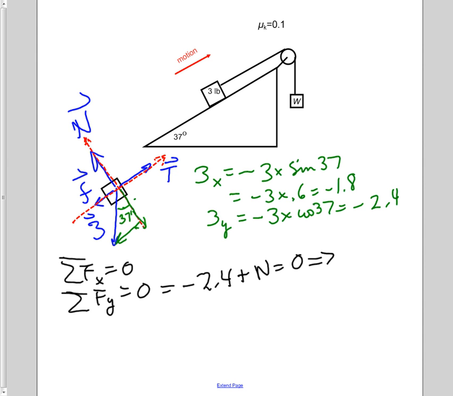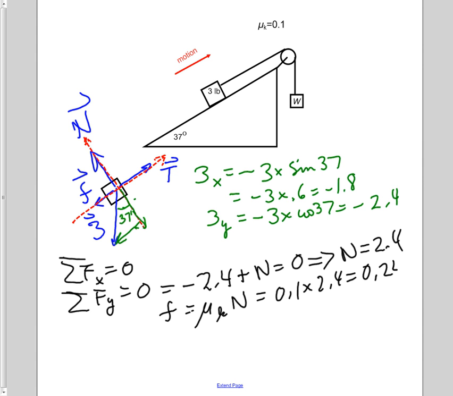And that tells us that N must be equal to 2.4 pounds. If we know what N is, now we know that the frictional force is mu sub k N. And so that's equal to 0.1 times 2.4, or 0.24 pounds.